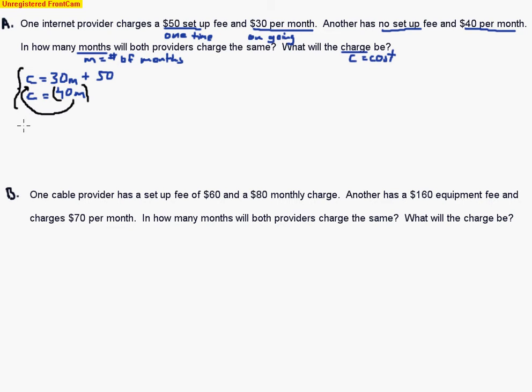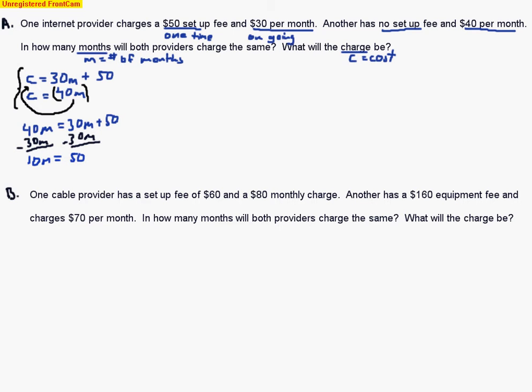In place of C, we've got 40M equals 30M plus 50. We can solve by doing a couple of opposite operations. First is to subtract 30M from both sides. When I do that, I still have this 10M, but now it equals 50.